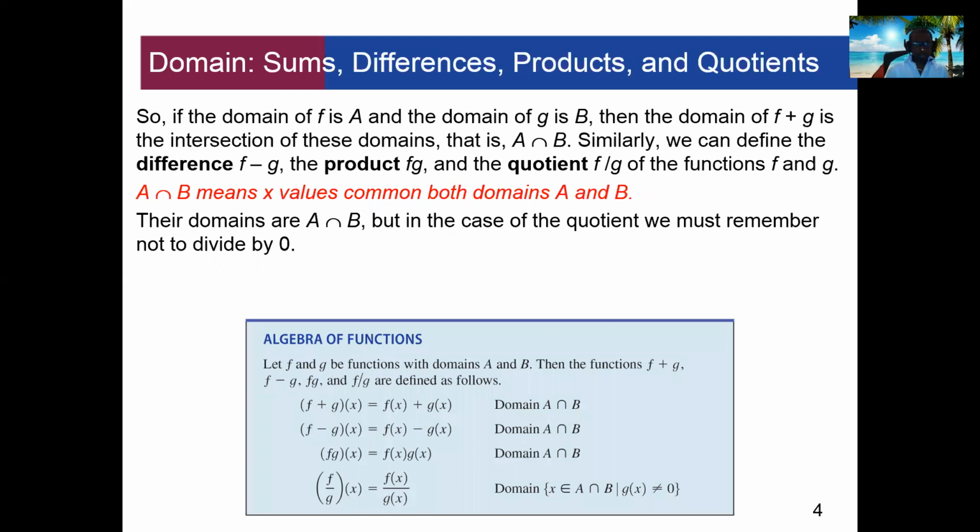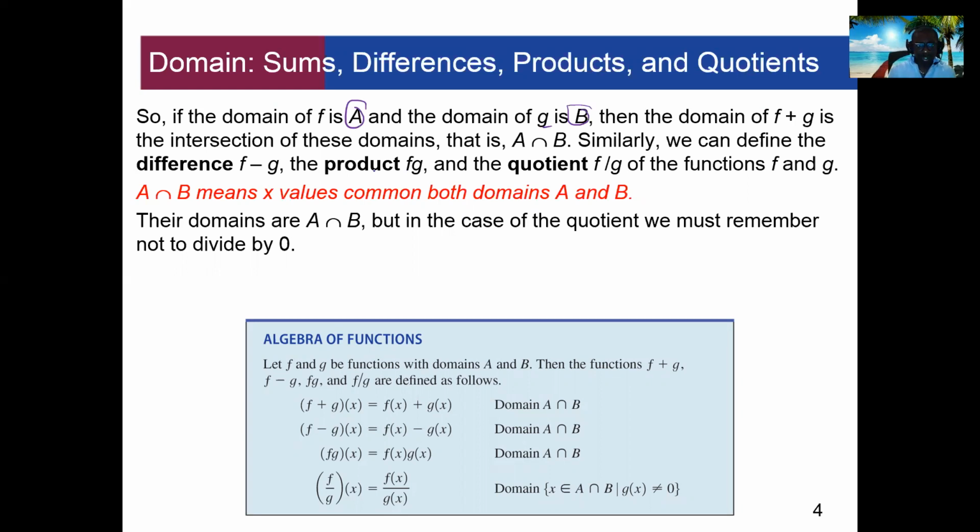Now, if the domain of a function f is A, and the domain of another function g is B, the question is, if I find a sum or the difference or the product or the quotient, how do you find the domain of the resulting function? Say the sum, for example.